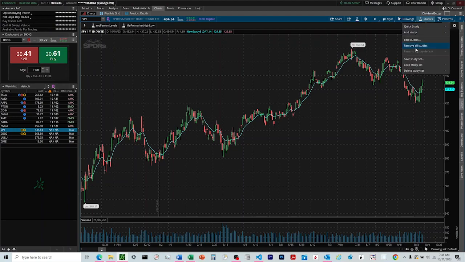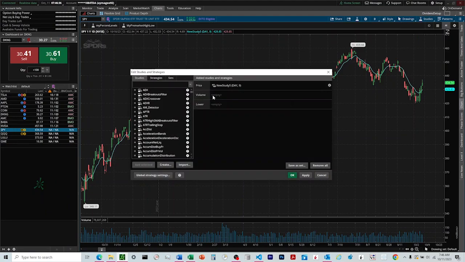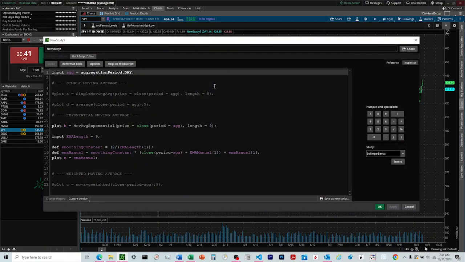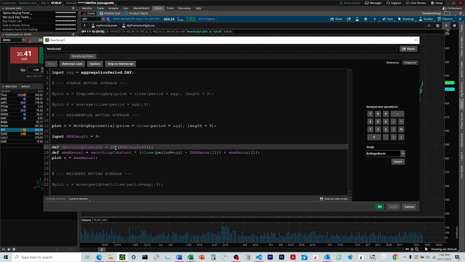So what this does is it allows us to change around every single possible variable that we could possibly change in the EMA. So if you wanted to change the smoothing constant around, maybe you wanted to experiment with using 5 here instead of 2.